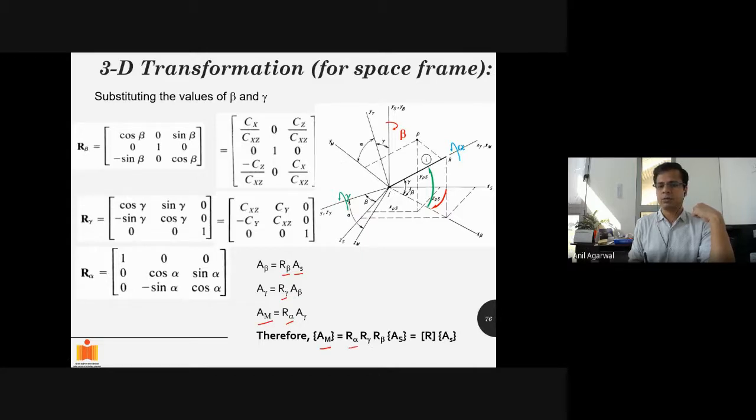So AM will be equal to R alpha, R gamma, R beta. You have to remember the order. It is not alpha, beta, gamma, it is alpha, gamma, beta. That order is important. We multiply that with AS, the structural coordinate system vector, and that's how you can change any vector in the structural coordinate system to the local coordinate system.